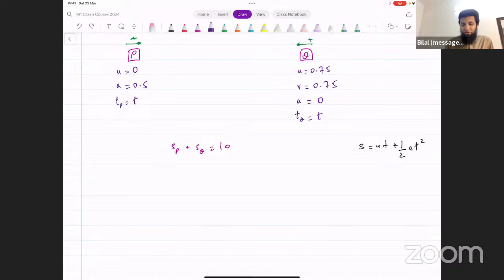P's displacement would be UT, that means 0 times T, plus half into A, which is 0.5 into T squared, plus displacement of Q, which is U, which is 0.75, multiplied by T, plus half into A, which is 0 into T squared. And this equals 10. All right.